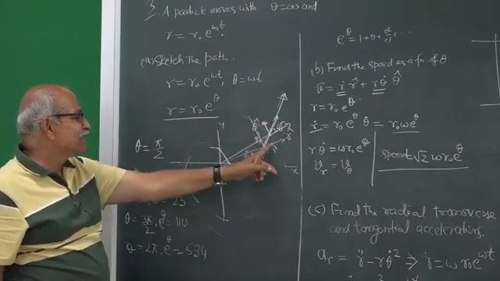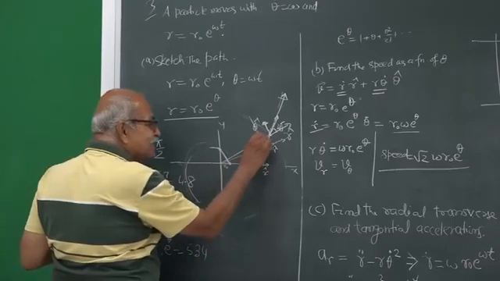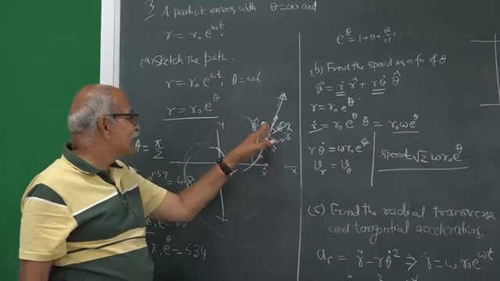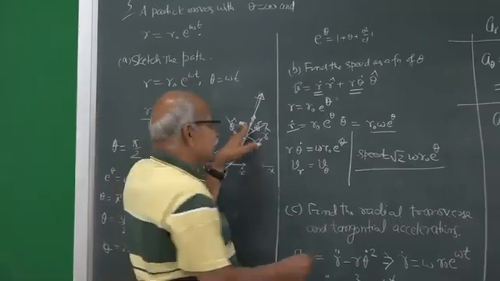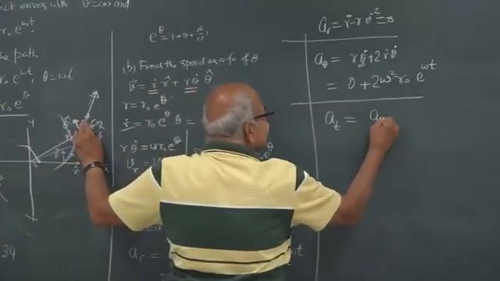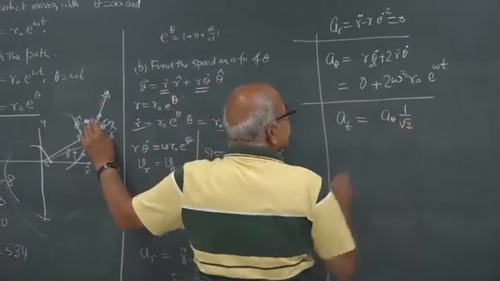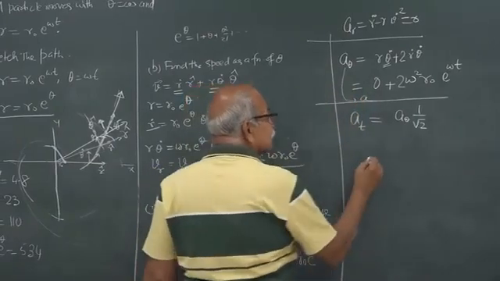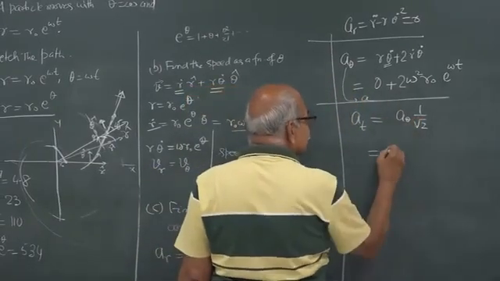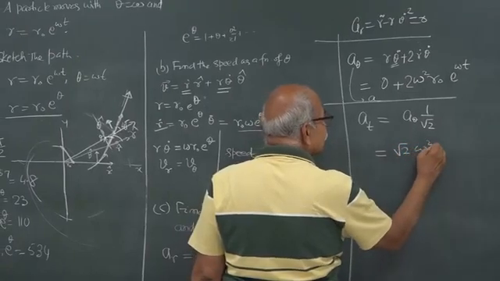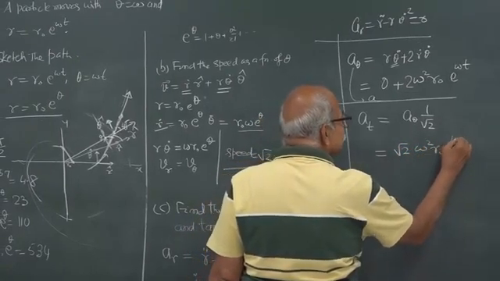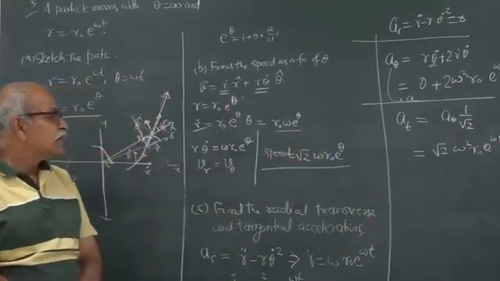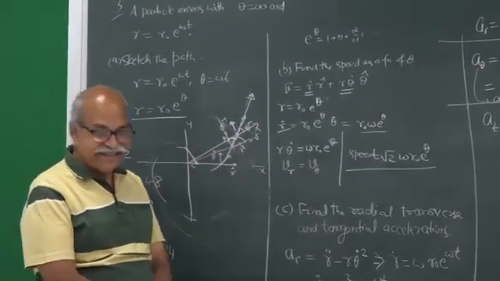Since we have seen that this angle is 45 degree, cos of 45 degree is 1 by root 2, and therefore A_T is A theta times 1 by root 2. A theta is the full acceleration. So, this is root 2 times omega square r naught e power omega t, or e power theta if you so wish. That gives you the tangential acceleration.